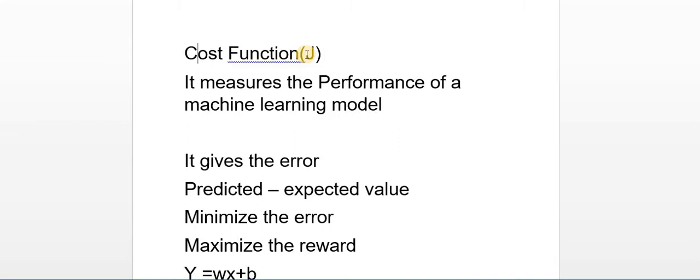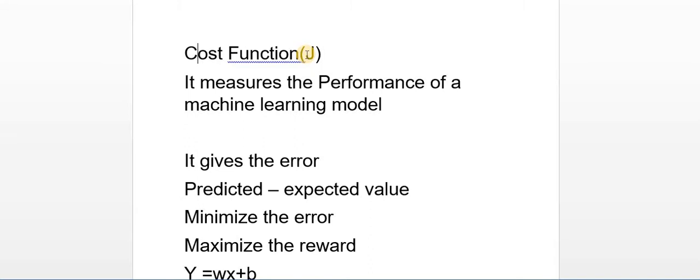From a machine learning point of view, it measures the performance of a machine learning model for a given data. So what is cost function? It measures the performance of a machine learning model for a given data. The cost function quantifies the error between the predicted value and expected value and presents it in the form of a single real number.